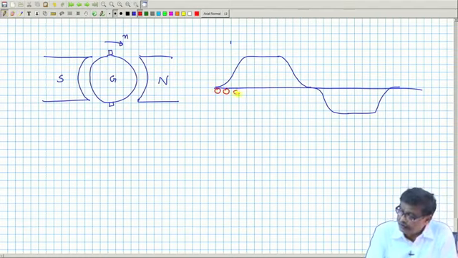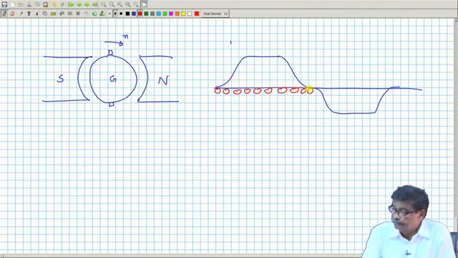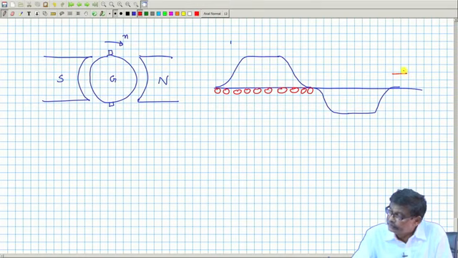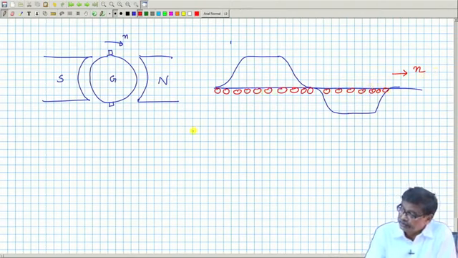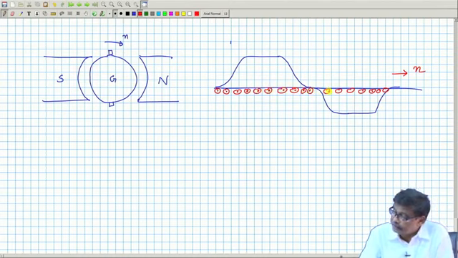Let it be red, armature conductors, and this is the direction of rotation. These are the armature conductors, and these are dot and these are cross.